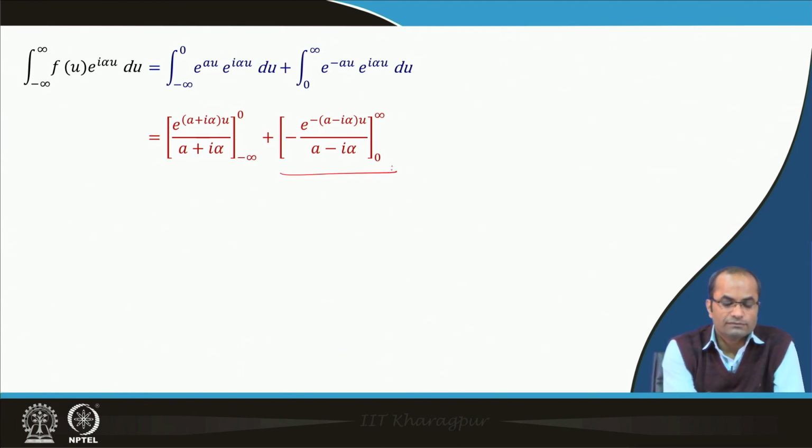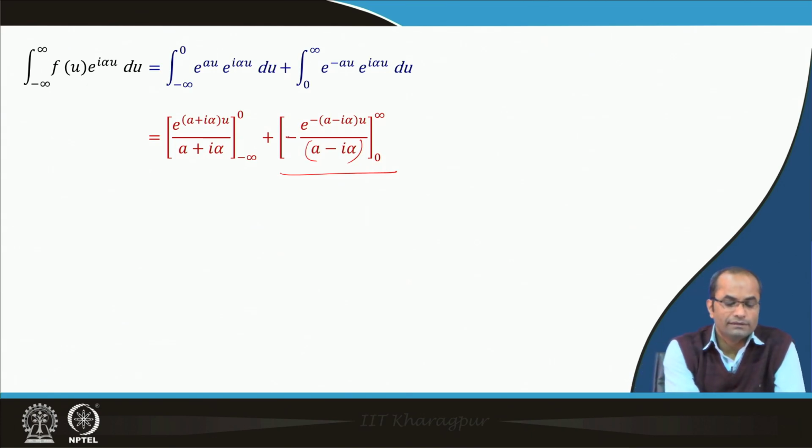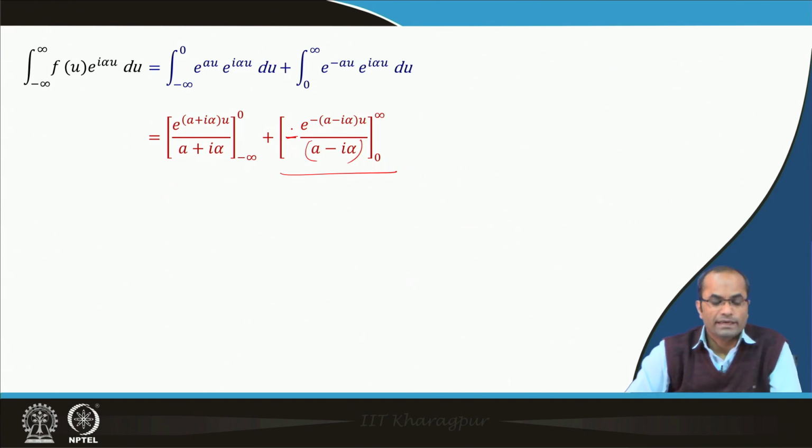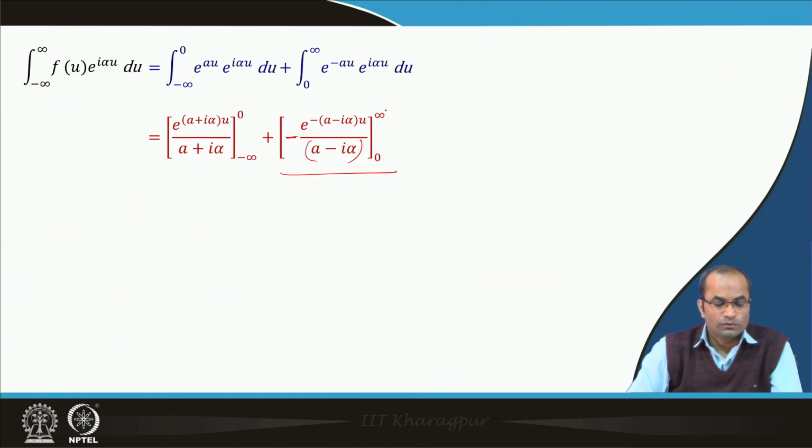In the second case, we have e power (minus a minus I alpha) u, and therefore this a plus I alpha will be there in the denominator term, and when we have integrated, there will be a minus sign. The limits again are from 0 to infinity.